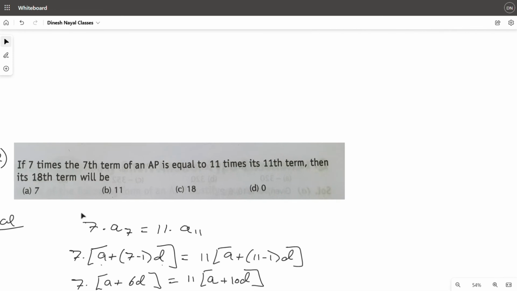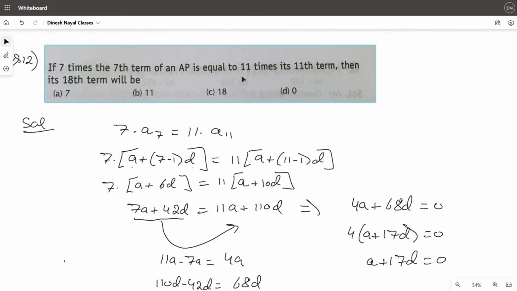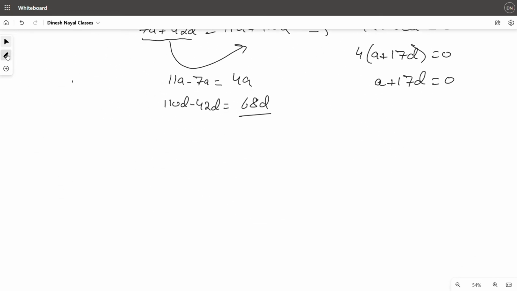We have to find the 18th term. Applying the formula for the 18th term, A18 equals A plus n minus 1, in this case 18 minus 1, into D. So this is A plus 17D.